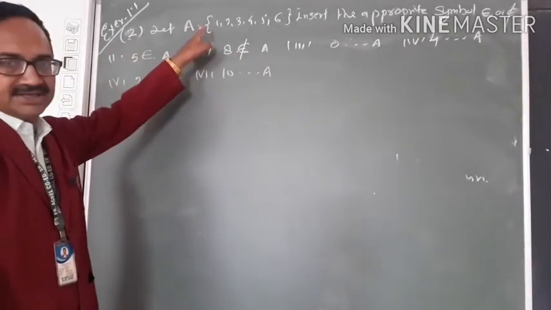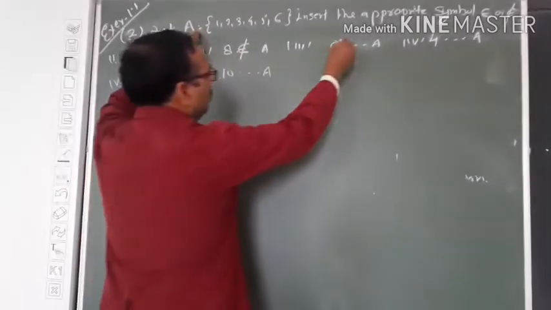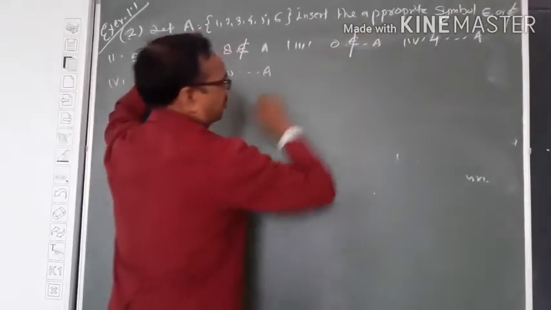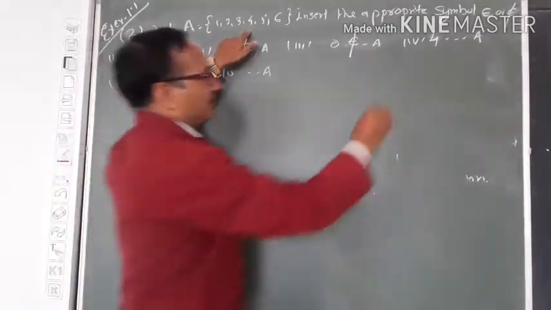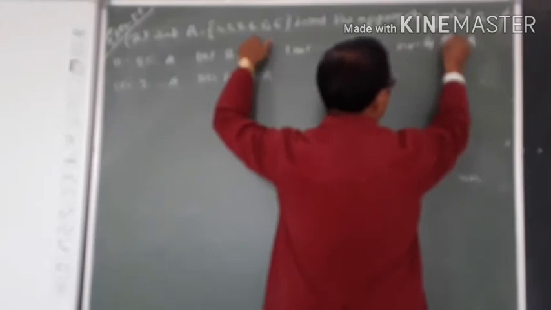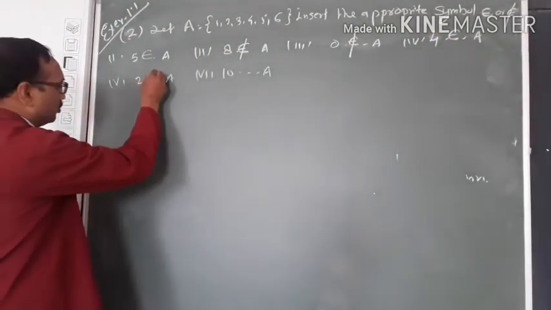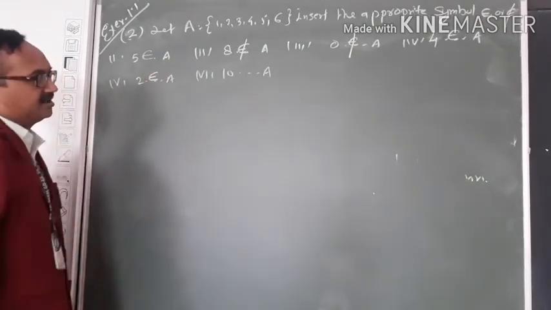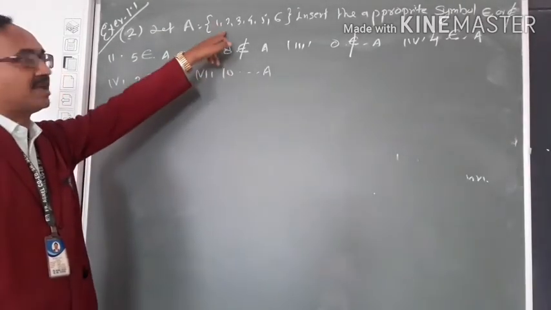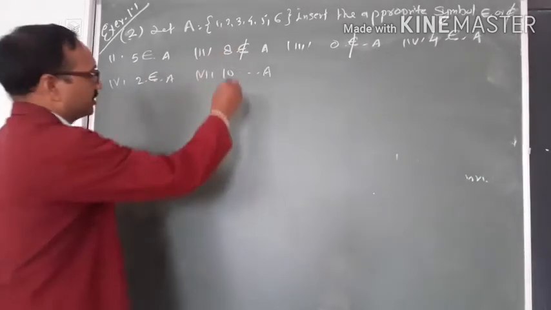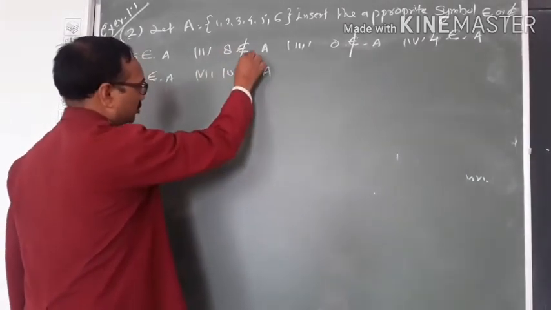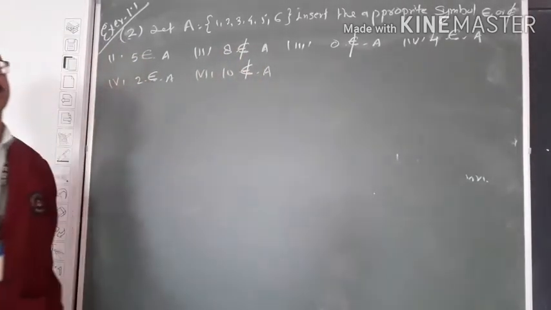0 is also not in this set, so 0 does not belong to this set. 4 is here, so 4 belongs to this particular set. And 2 is also there, so 2 also belongs to this set. But 10 is not an element of this set, so 10 does not belong to this set.